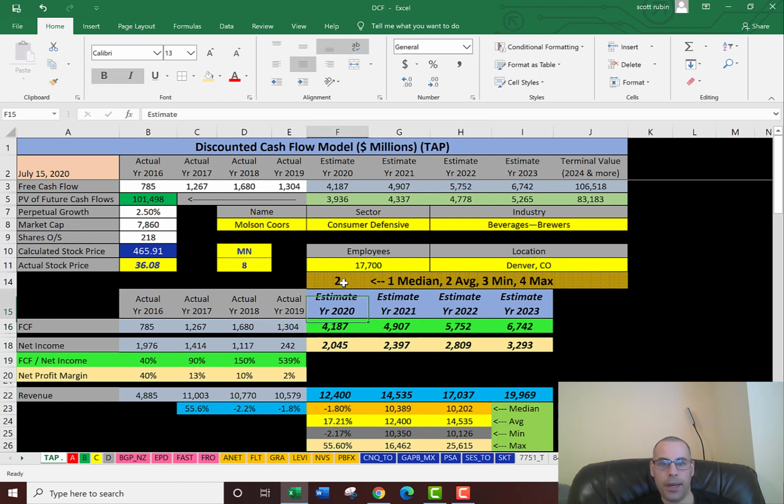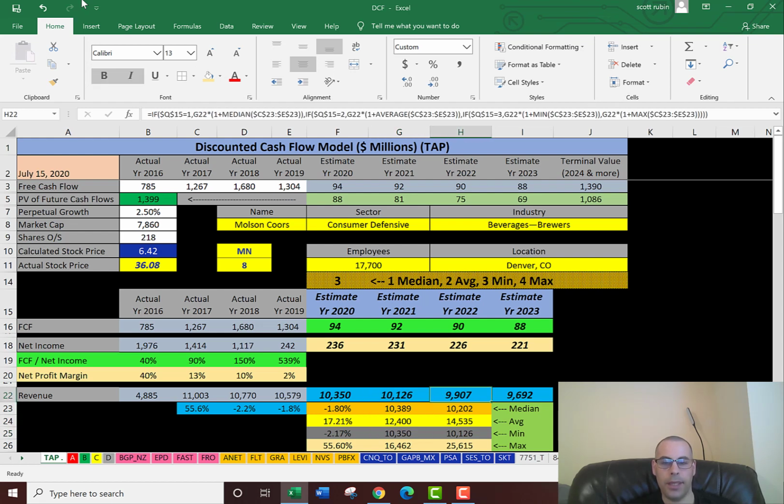And if I change the model to the min, the forecasted revenue would be negative 2.2% because that's the minimum of the three numbers. So it's right here. And then it would take the 2019 revenue times 1 plus negative 2.1%. So it comes out to 10.35 billion, the 2020 expected revenue, and it decreases every year 2%.